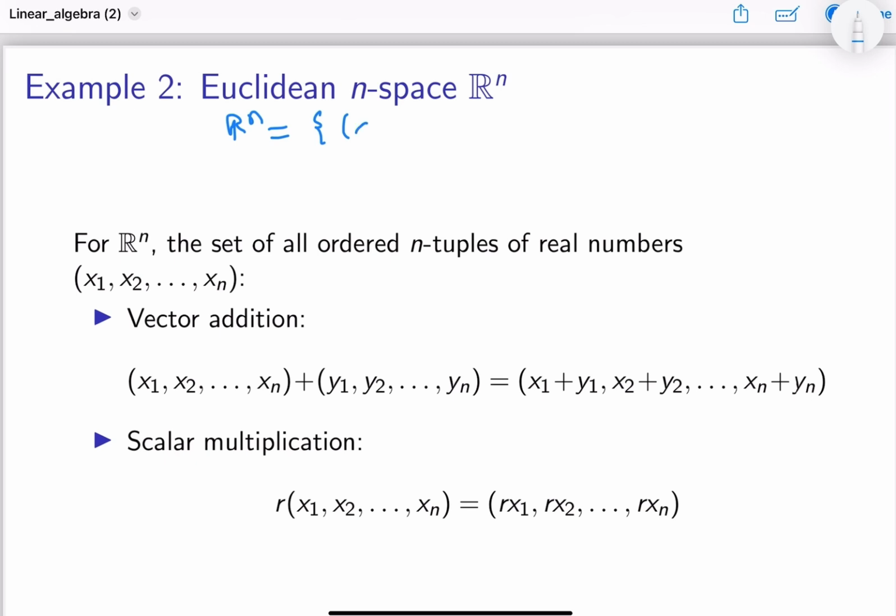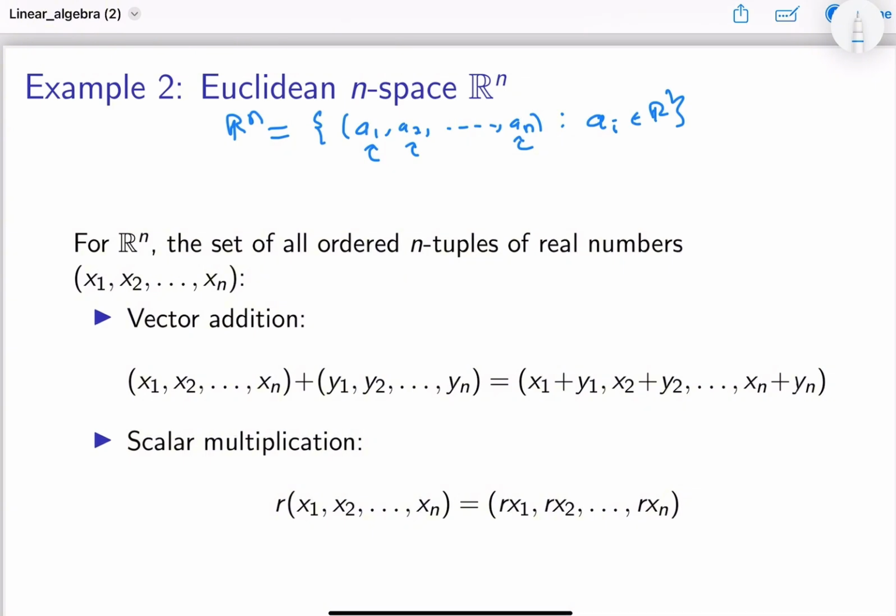Rn as a set, it's an n-tuple. So you take a1, a2, and so on up to an, where ai, like a sub any index, is a real number, right? Each and every one of these is a real number.